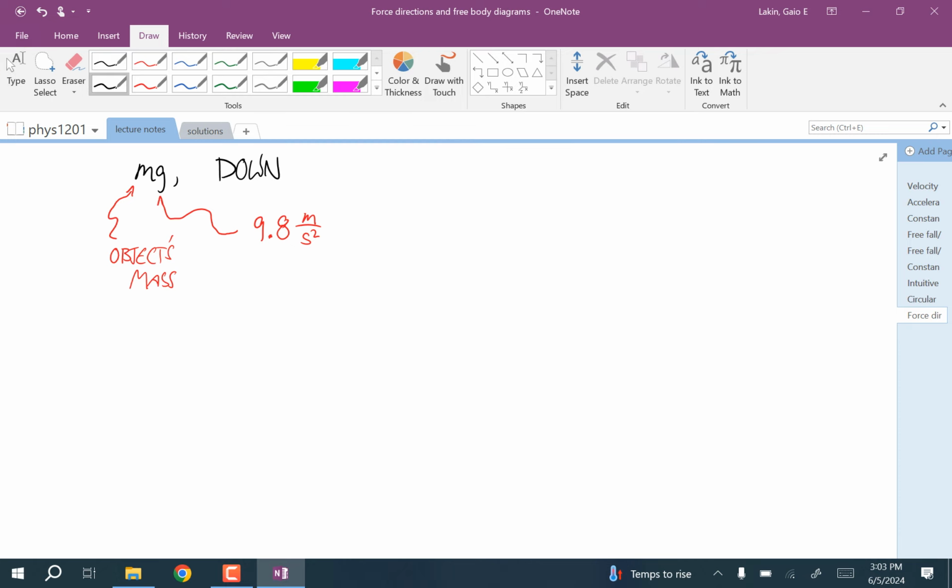And so for a free body diagram, and I'll just abbreviate this FBD, if this is your chosen object, you're going to always put in the weight force acting down, and you can write it in as mg, or if you know some of those numbers, you can put them in.